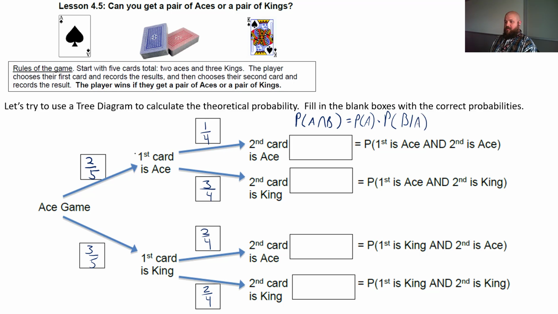So in this case, the probability of A, getting an ace card, was 2/5, and the probability of getting our second ace card, given that one ace card has been drawn, is 1/4. So multiply times 1/4, and you should get 2/20. That's our probability of getting two aces.